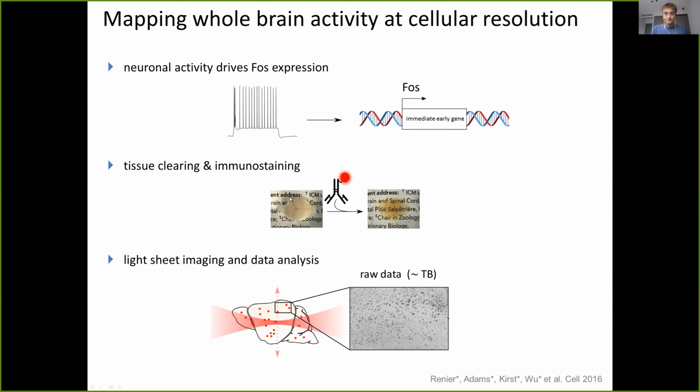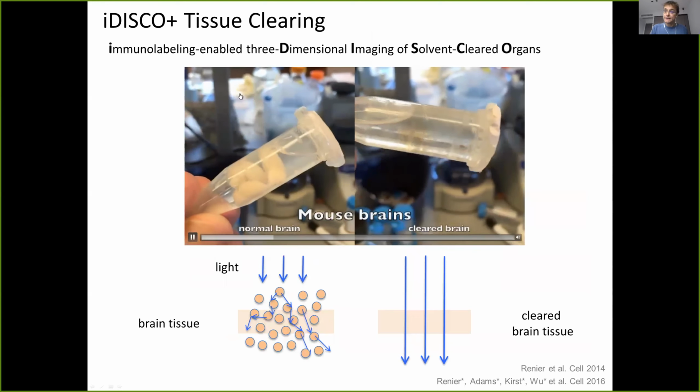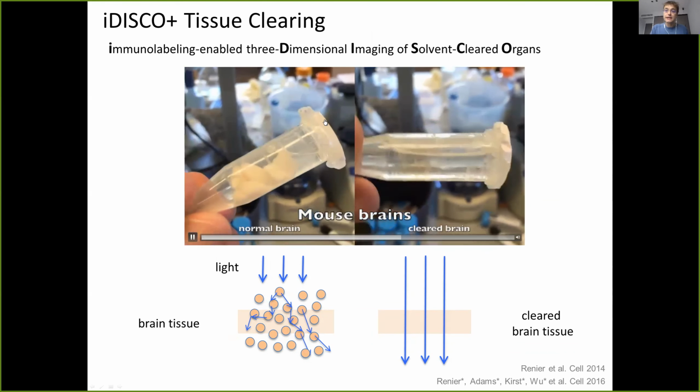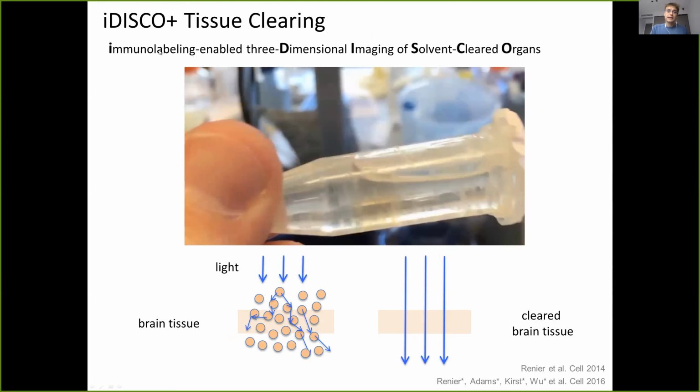The first step was to clear brains, and here work by Nicolas Renier and others, which started in Marc Tessier-Lavigne's lab at Rockefeller, developed the iDISCO method that helps to clear brains. The idea is basically that brain tissue is not transparent because light gets scattered by the inhomogeneity in refractive index, optical density so to say, particularly between the lipids and the proteins in the brain.